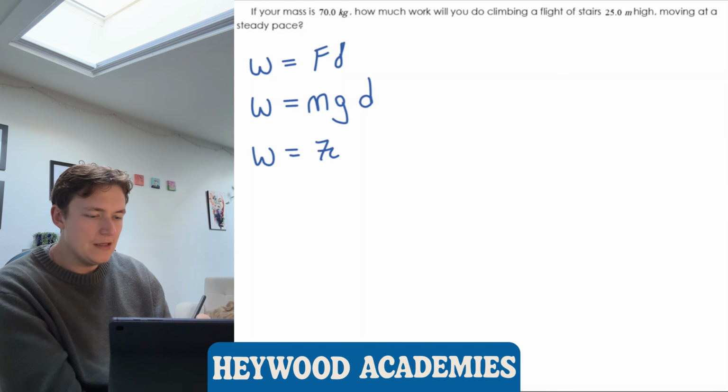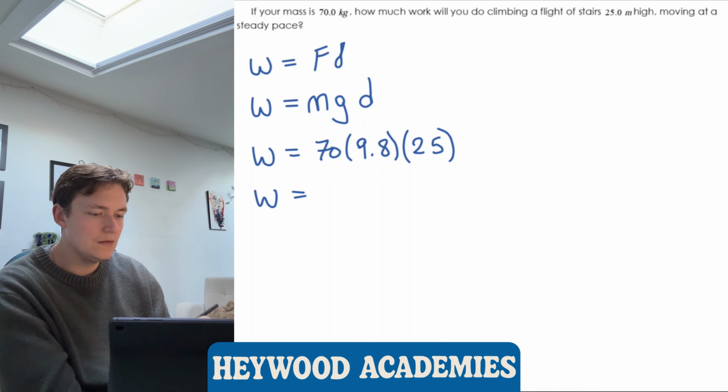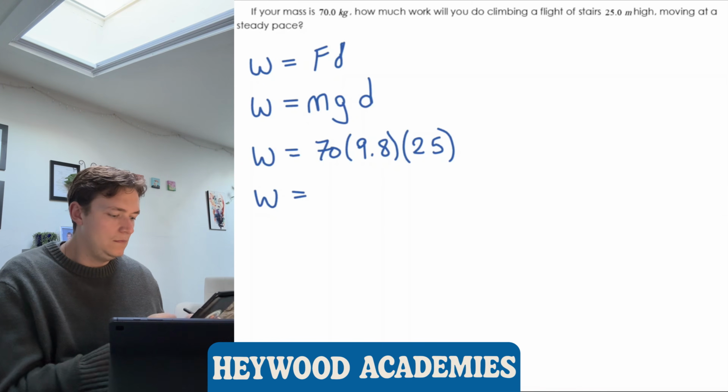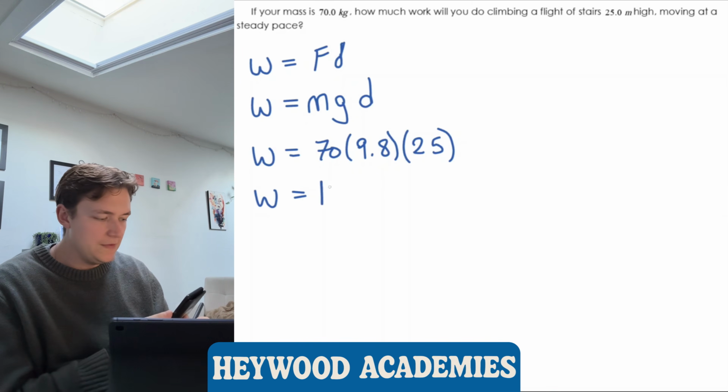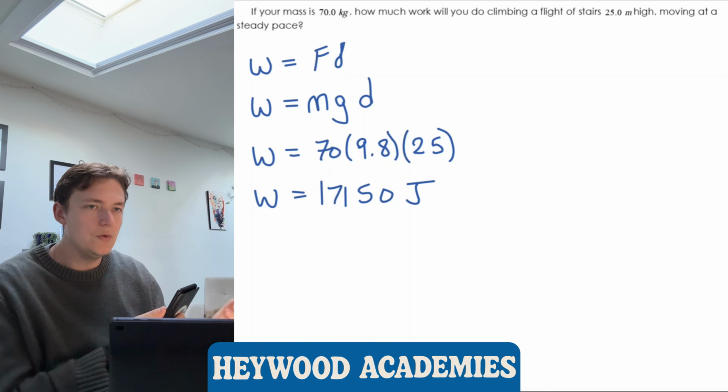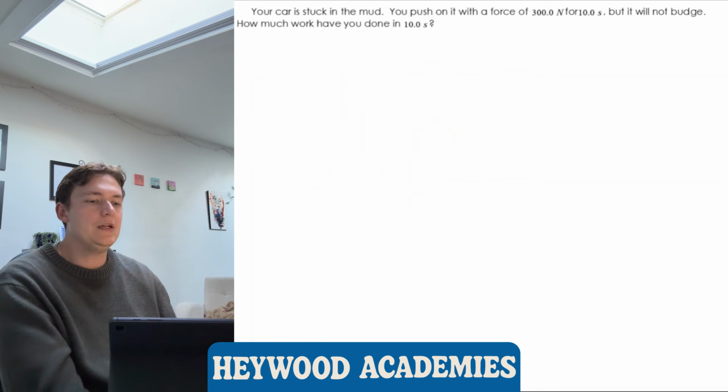And we got 70 kilograms, 9.8 for g, and a distance would be the height that we're traveling as 25 meters. And that gives us 17150 joules.